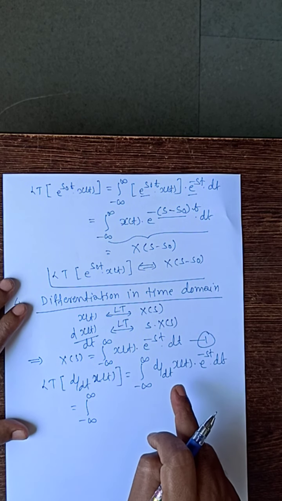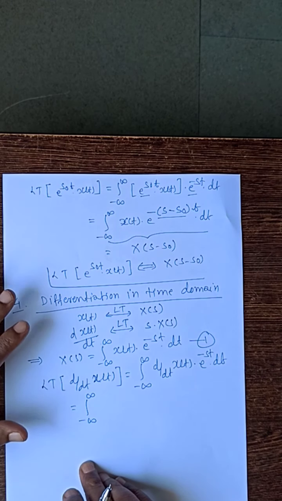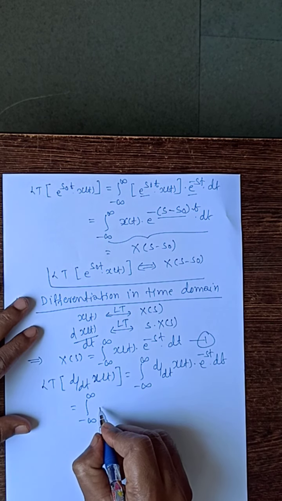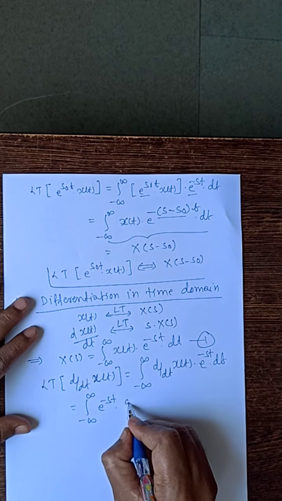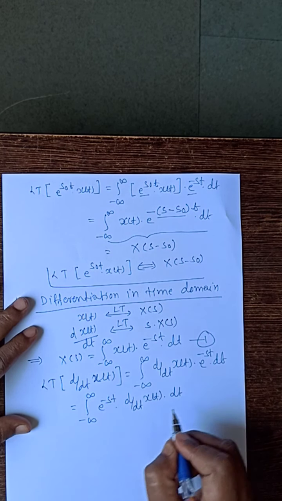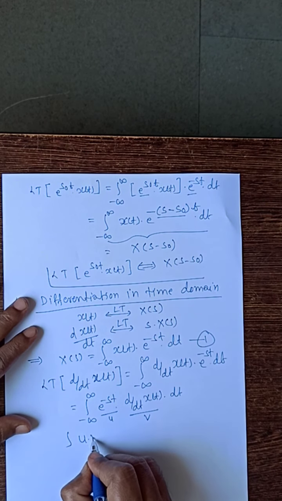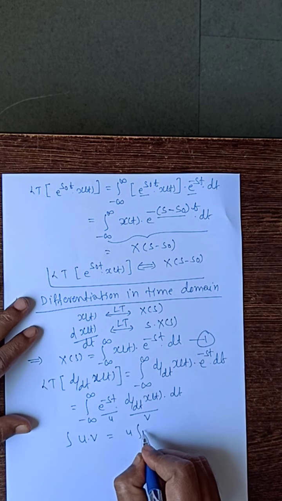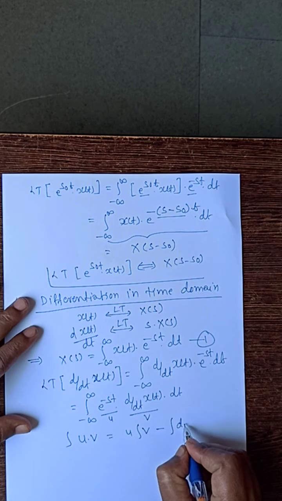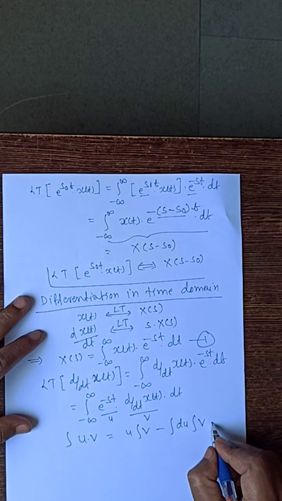I will take e raised to minus st as u for our convenience and the d by dt of x of t dt as v. So integration of u into v is equals to u times integration of v minus integration of du times integration of v. Let it be equation number 2.